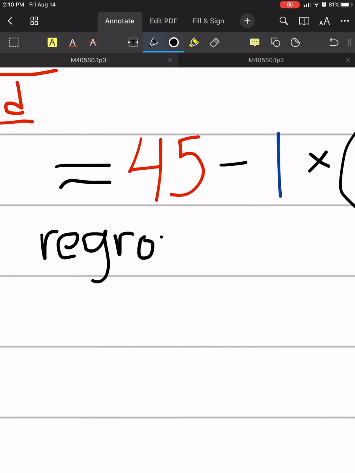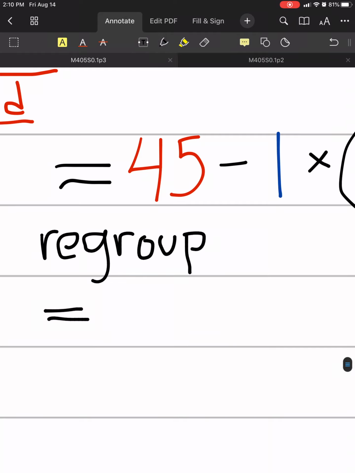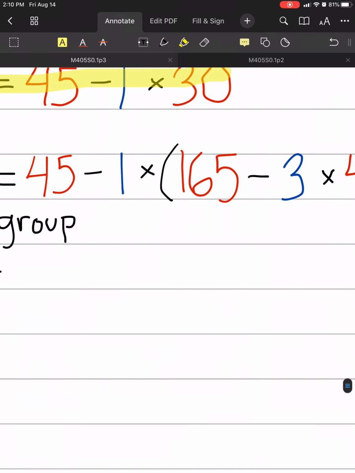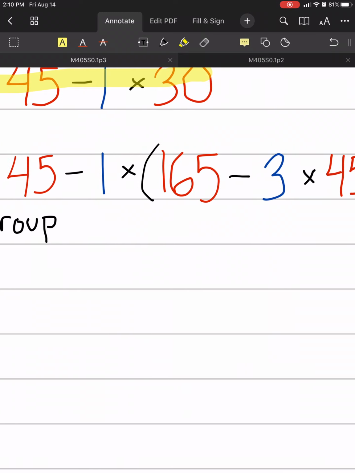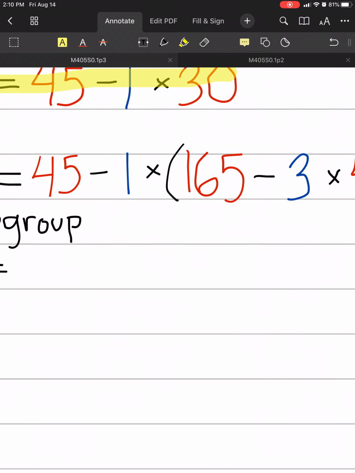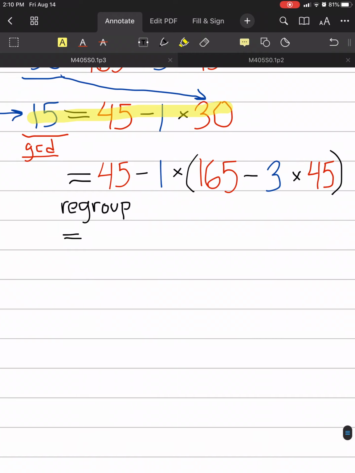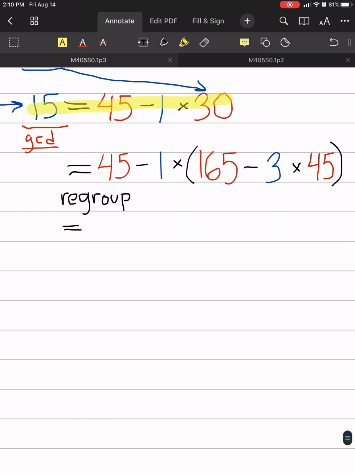In other words, I want all of the numbers in red here, which are what I'm heading for to be the original two numbers. I want all of those to be written in their own terms. So I want something times 45 plus something times 165. So why don't I have you all regroup this so that I have 45 times something plus 165 times something. And go ahead and pause it, work through that, and then we'll come back and do it together.